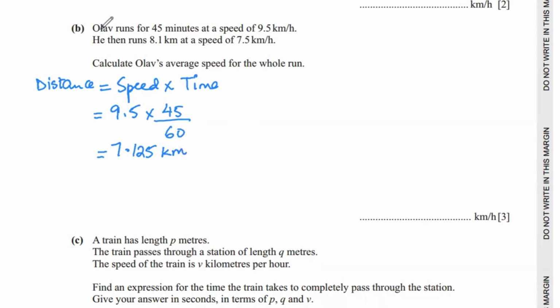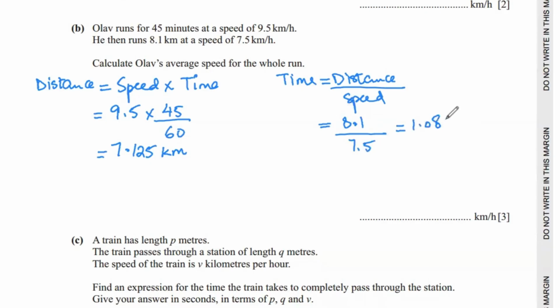Now to find the time for the second part, time is distance over speed. So distance is 8.1 kilometers and speed is 7.5 kilometers per hour. That's going to give us 1.08 hours.